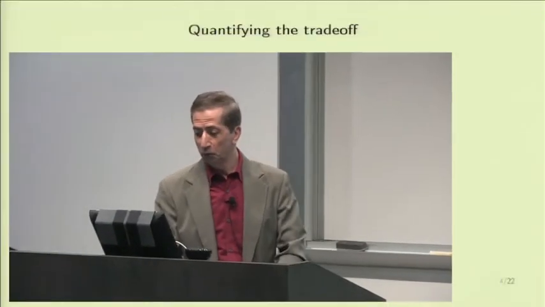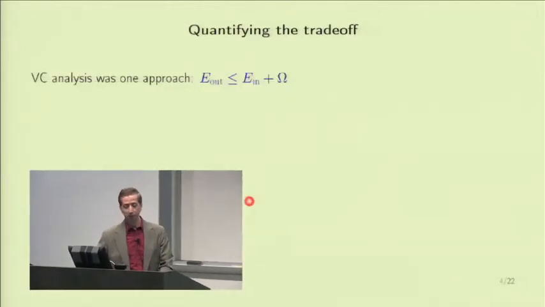So let's try to fit the VC analysis in it, and then fit the bias-variance analysis in it before we even know what the bias-variance analysis is, in order to see where we are going with this. Okay, so we're quantifying this trade-off. And the quantification in the case of the VC analysis was what? Was the generalization bound, okay?